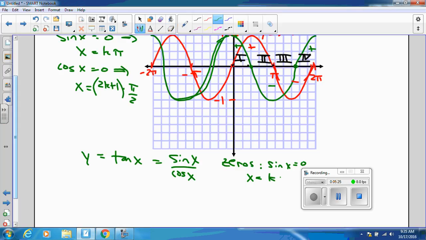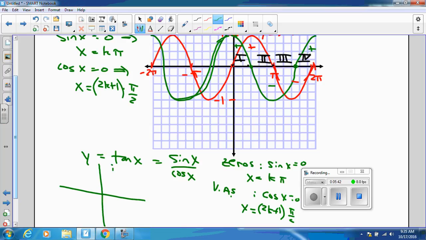In other words, where x is equal to k pi, we have a 0, and where cosine x is equal to 0, or in other words, x equals (2k plus 1) pi over 2, we have vertical asymptotes. And so this allows me now to graph by dropping a vertical asymptote at pi over 2, and another one at 3 pi over 2, and if I need, another one at negative pi over 2, etc. And then I can mark my zeros exactly in between at 0 and pi and negative pi.